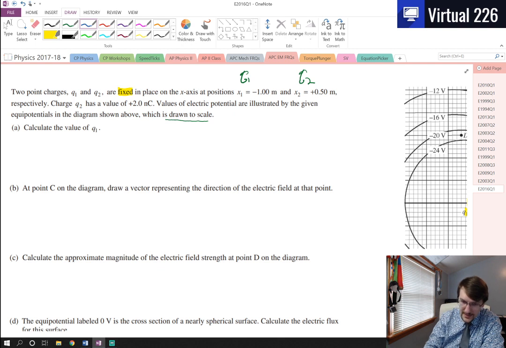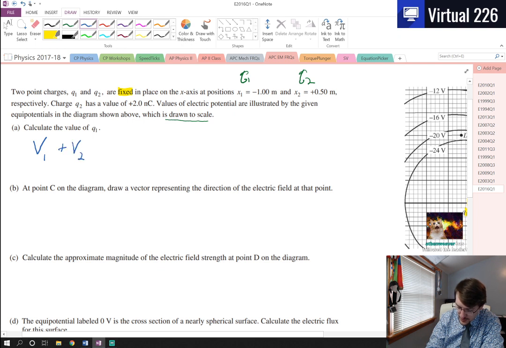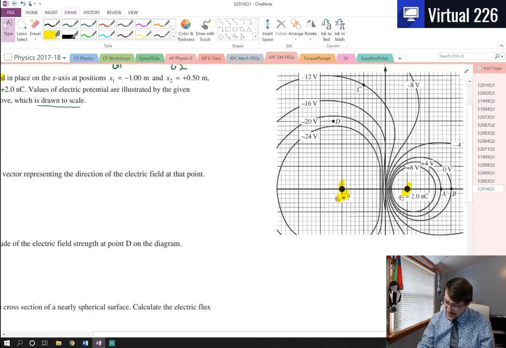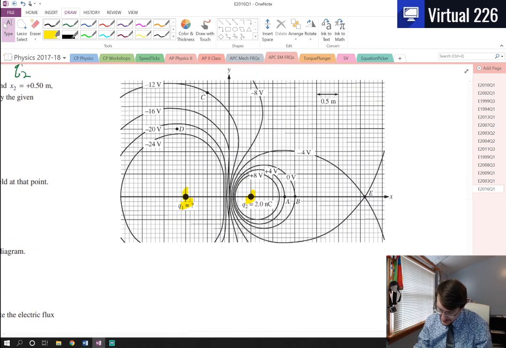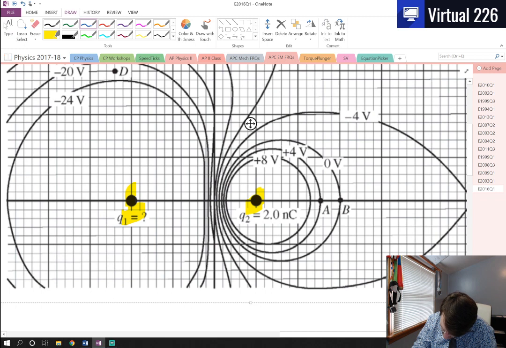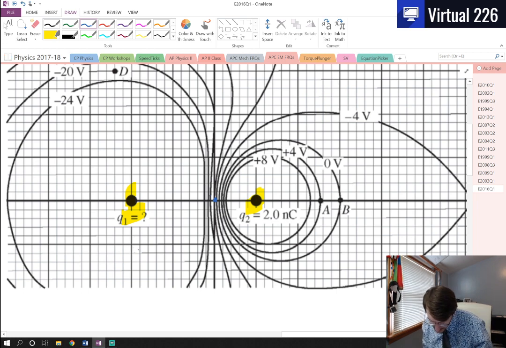So if we add the voltage from charge 1 and then the voltage from charge 2, that will have to equal the voltage of some point on this diagram. And where is the origin here? This is a mess. Is this the origin? Yeah, this is the origin. We know this distance here is 1. We know that this distance is 0.5.